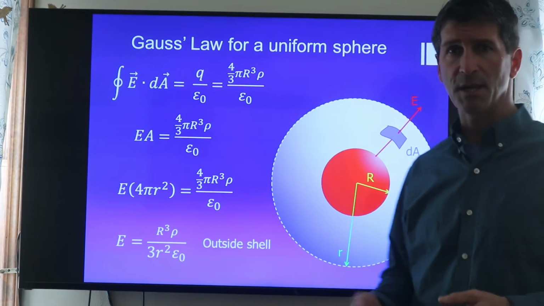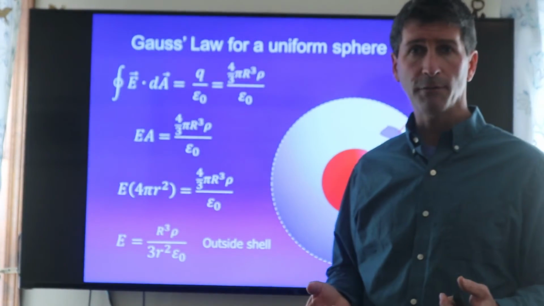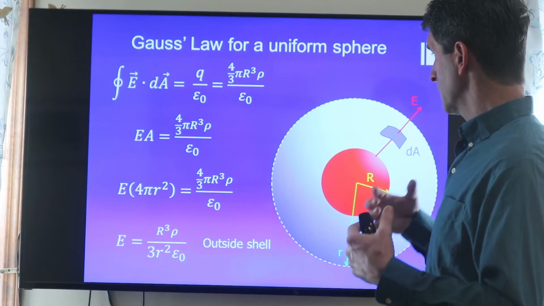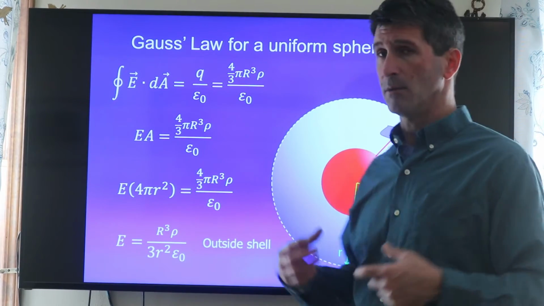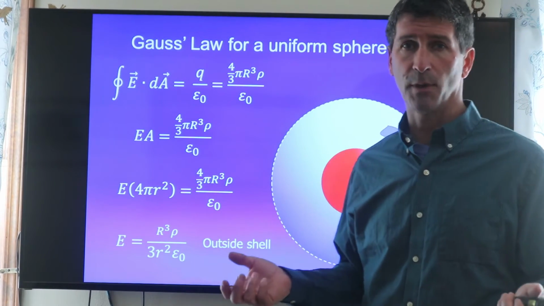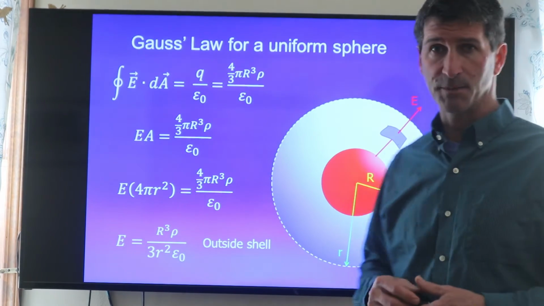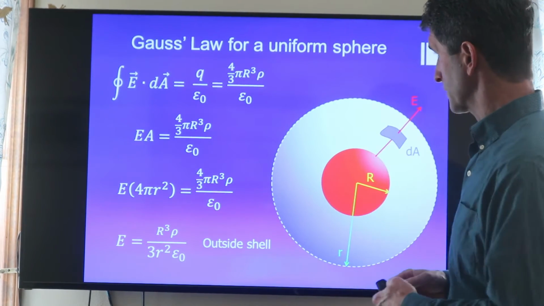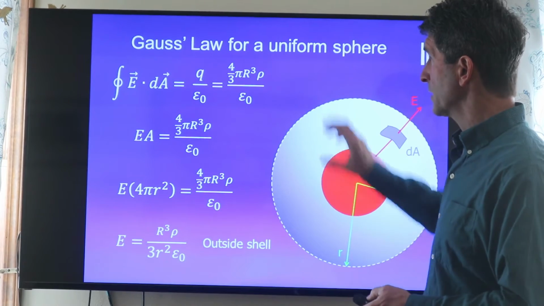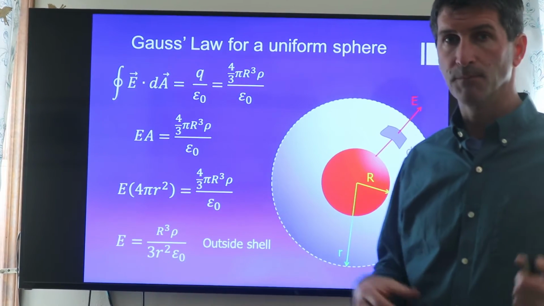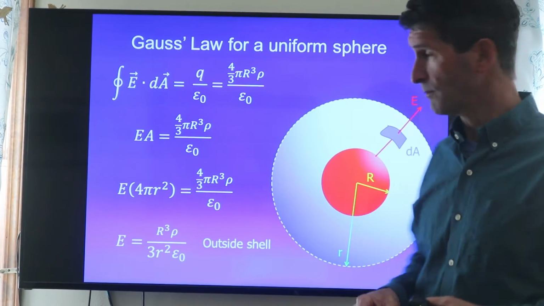And what this shows us is as we get further and further away from the charge, the electric field drops off by 1 over r squared. It's an inverse square relationship. That's what we expect for the electric field. Okay? So again, we can see Gauss's law has a very nice application right here.